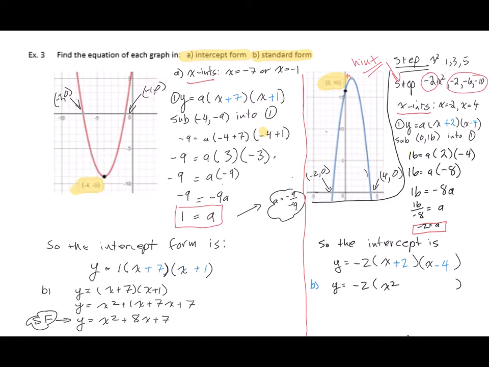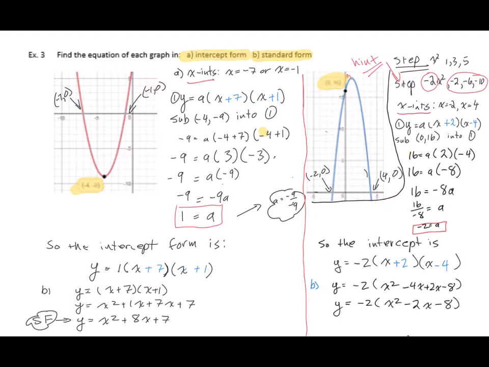And now x times -4 gives me -4x. And then 2 times x gives me plus 2x. And then 2 times -4 gives me minus 8. And then you end up with -2(x squared minus 2x minus 8).